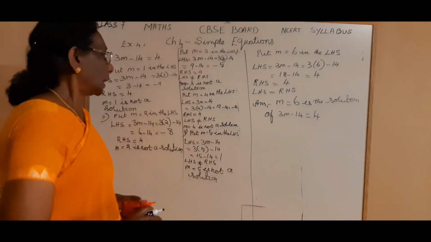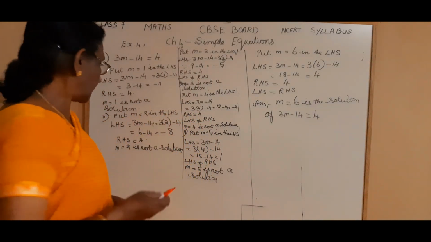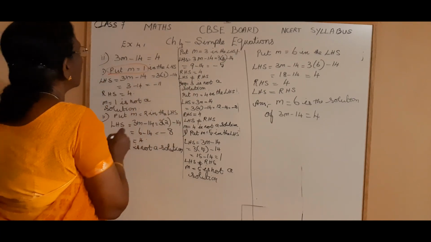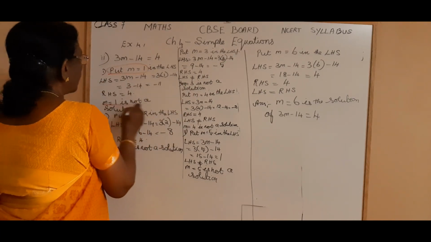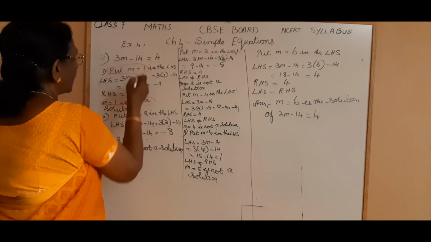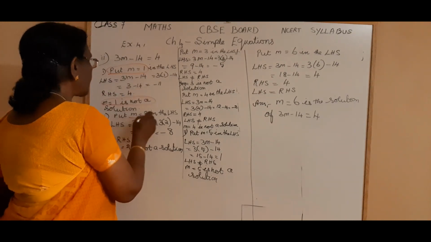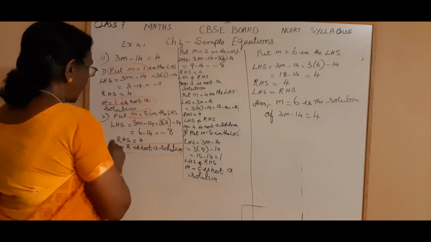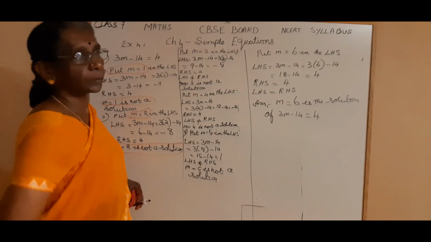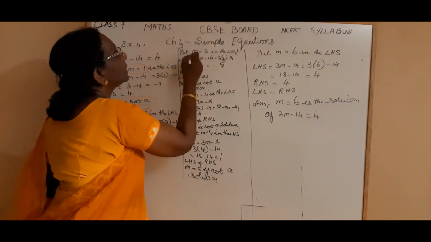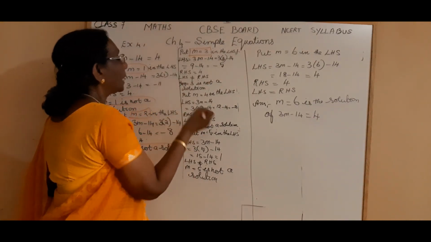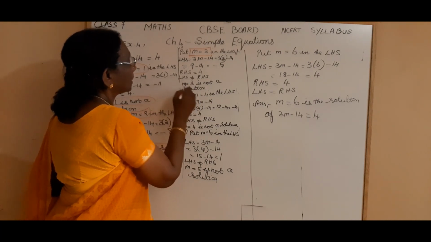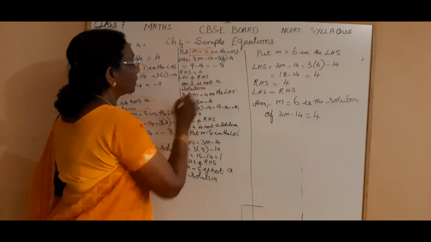Is it clear, children? So many steps we did here. First we tried with m is equal to 1 and it was not a solution. Trial, error. Then we tried with m is equal to 2, not a solution. Then m is equal to 3, again not a solution.